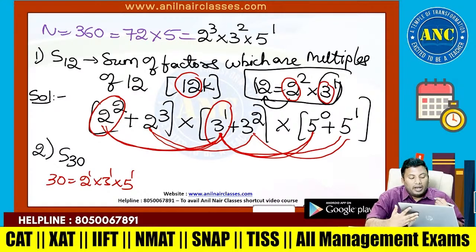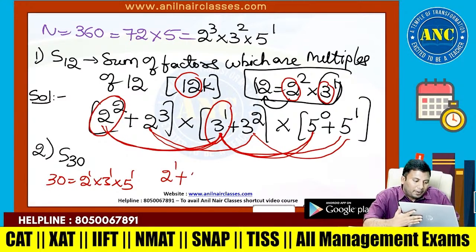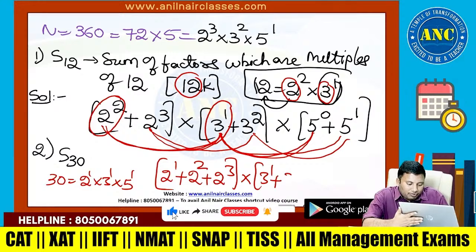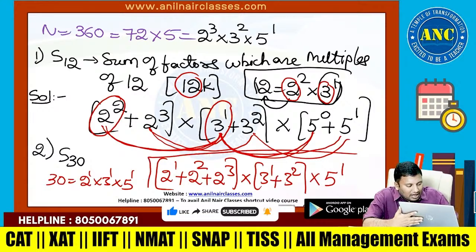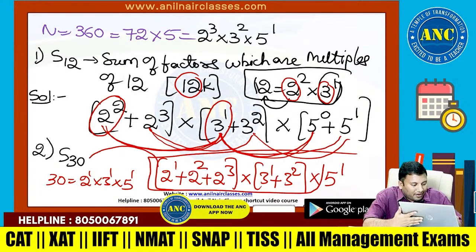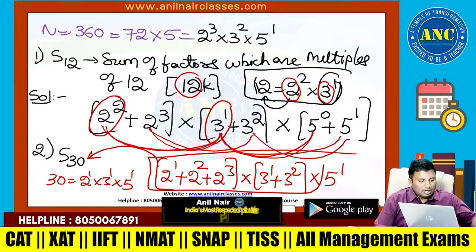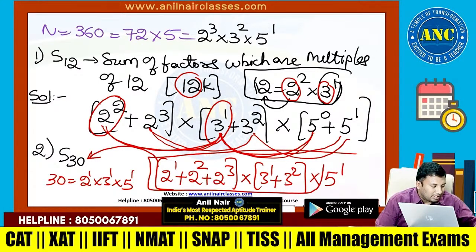So minimum power of 2 should be 2 power 1, it should start from 2 power 1. 2 power 1 plus 2 power 2 plus 2 power 3. Minimum power of 3 is 3 power 1, 3 power 2. There is restriction on 5 also, so 5 power 1. This is the answer for sum of the factors which are multiples of 30.